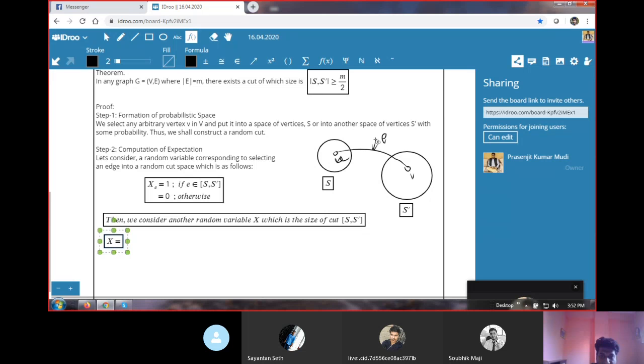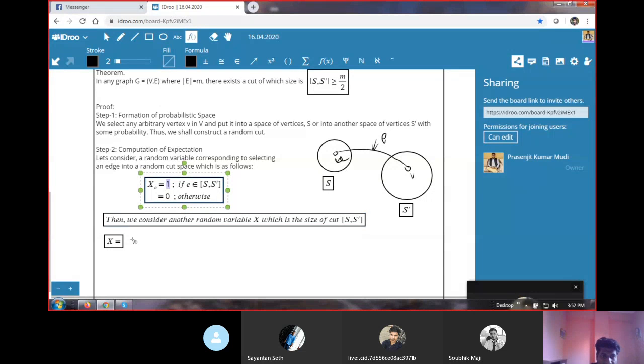So if that is an edge in the cut, we simply put x equal to 1. Okay, so let's say we are taking randomly 10 edges with some probability. So 10 edges, x1, x2, x3, dot dot dot x10 we shall get, and out of 10 such edges, there may be 4 edges which belong to the cut.